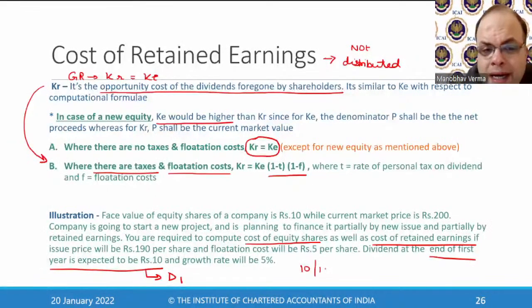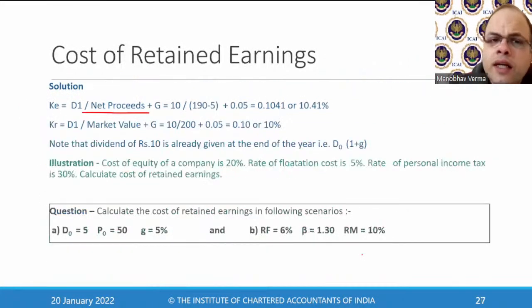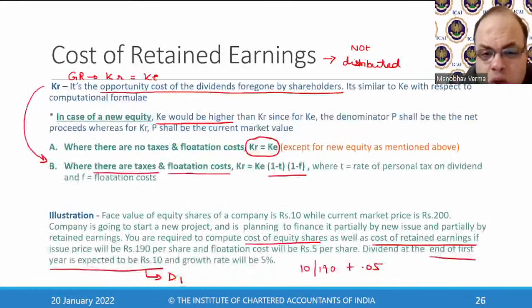They're talking about 190, plus 0.05. That's what we are calculating here. But yes, with the 190, you also have a 5 flotation cost, which they have given us as well. So flotation cost will be 5 per share, and this 190 will be further reduced.